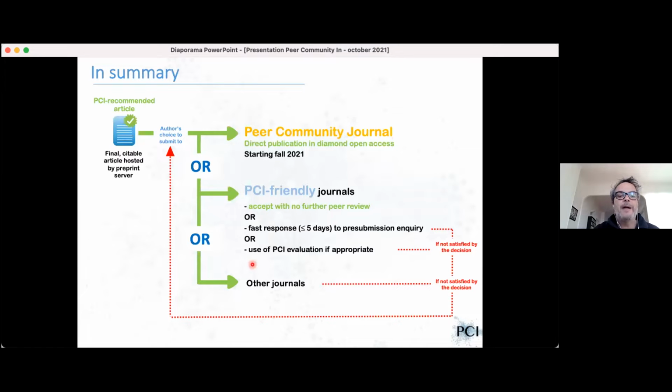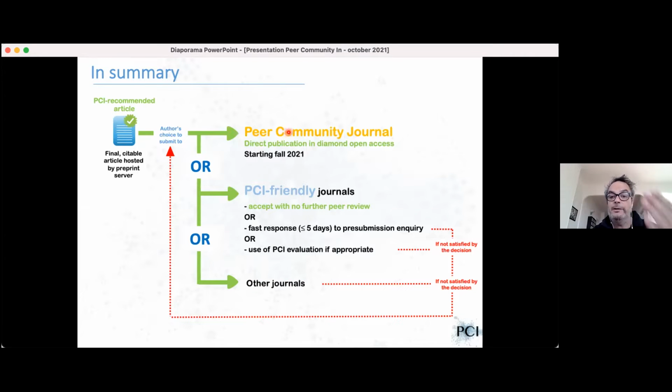So if I summarize these new strategies that we offer authors to publish their article: if the authors are not satisfied by the decision of the PCI-friendly journals, because the journal wants to make an additional peer review process or because the journal does not accept the article, then they can go back to the beginning of the loop here and choose again.